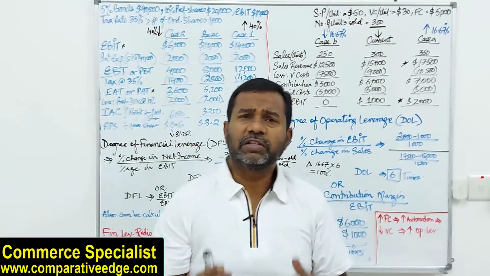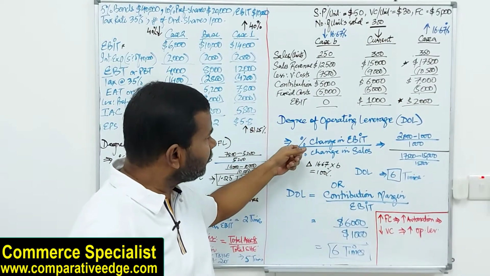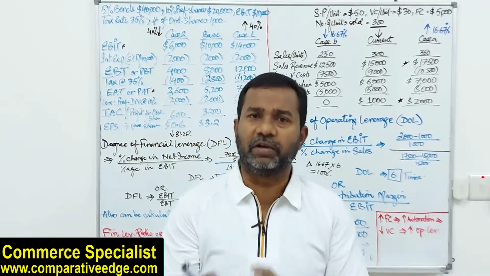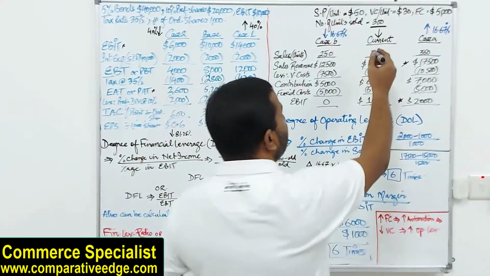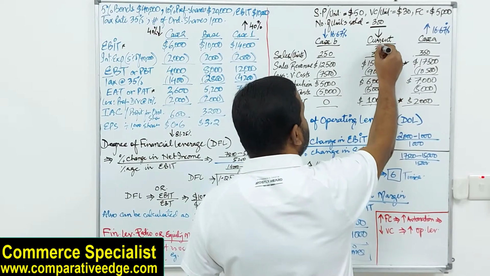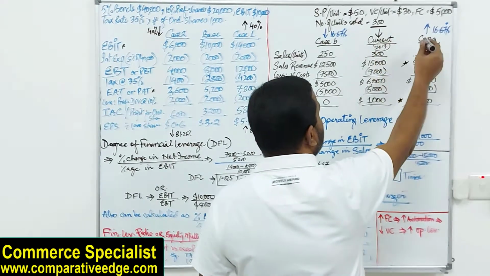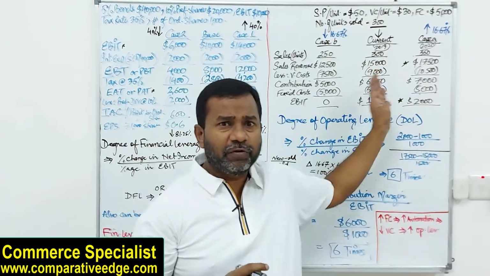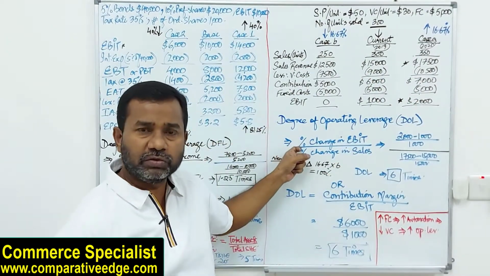Now many students ask me, should we use this formula? Yes, this formula is used when you are looking at comparative figures. For example, if I take this as year 2019 and I take this as 2020. If you have comparative figures, this is the formula to be used.